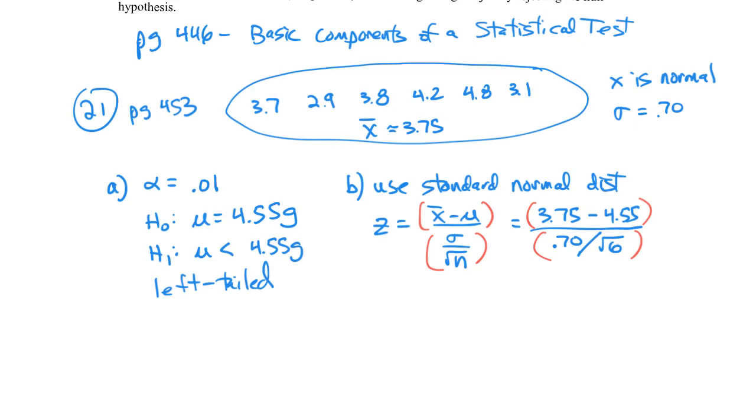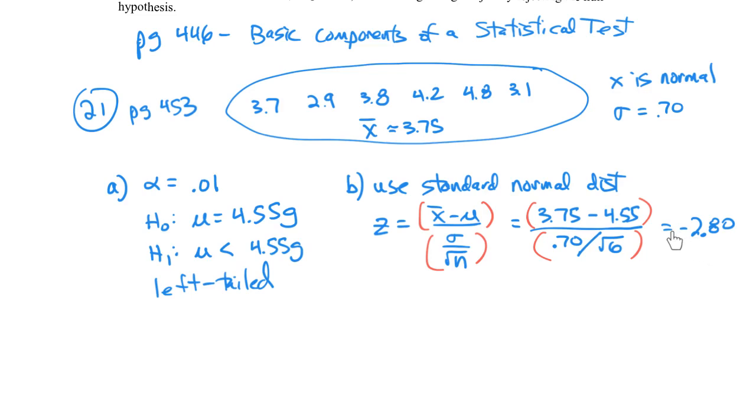And if you do that, we will get negative 2.80. Now, because we have a pretty good instinct about z-scores, this is telling you something. The z-score of this test statistic is out there, right?